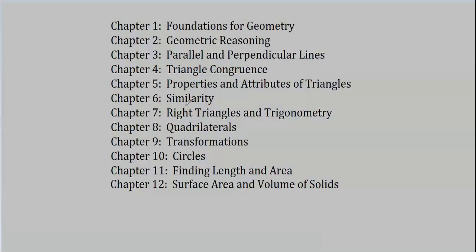They don't depend on each other. In other words, you could jump straight from similarity to quadrilaterals and then back to trigonometry, and it wouldn't hurt you any. If your course follows this order, fine. If it doesn't, then just skip ahead to whichever one you're studying at the time and then go back.